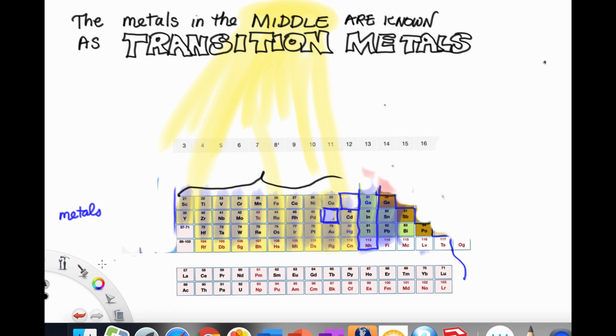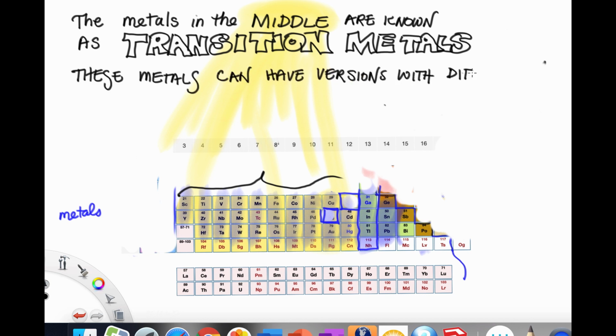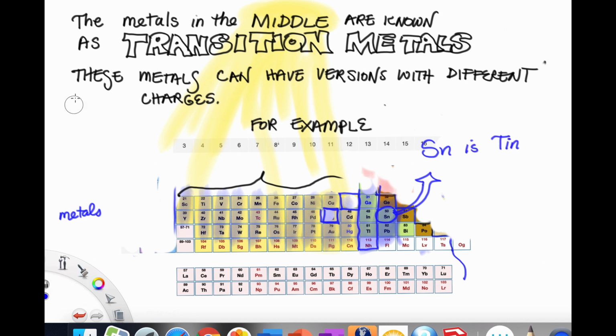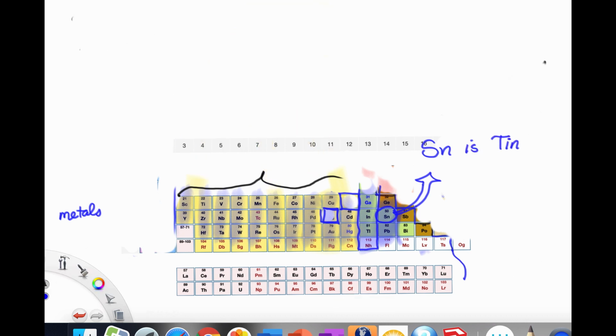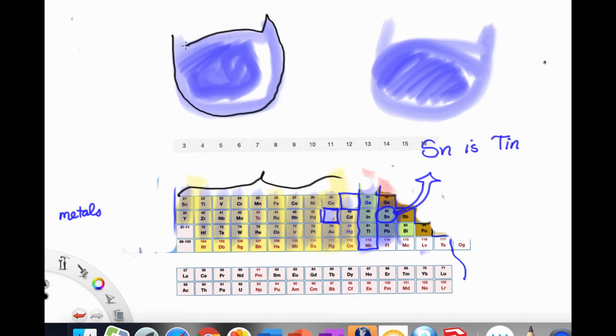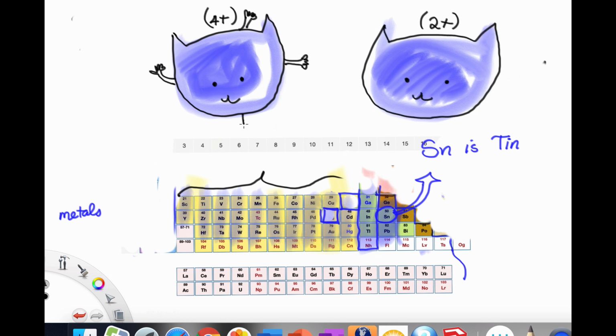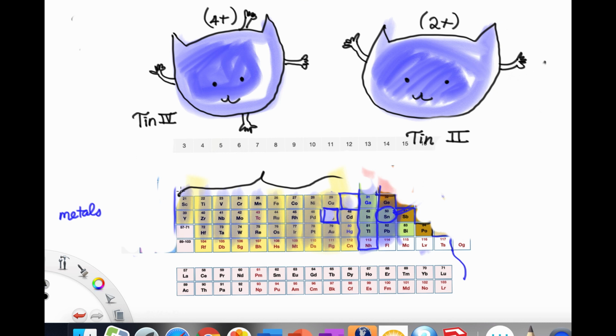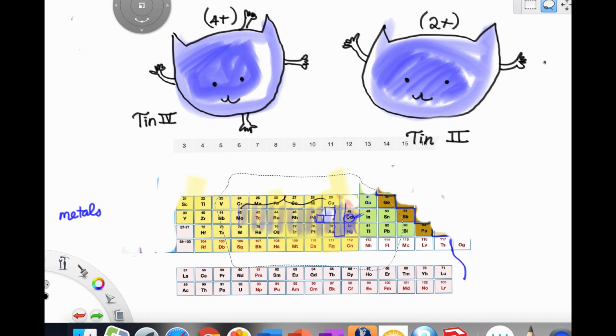And let's take a closer look at these transition metals. These metals actually have more than one version of themselves with different charges. So let's give an example, tin. There's tin 4 and tin 2.